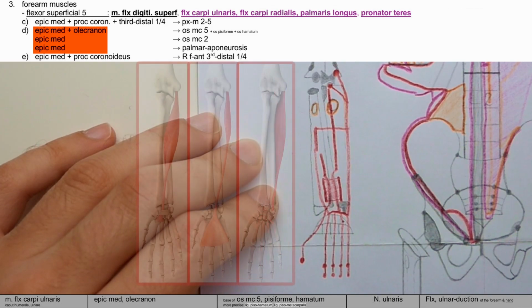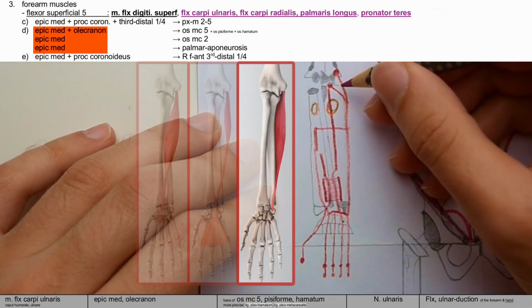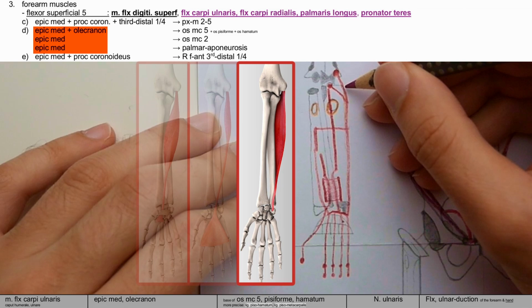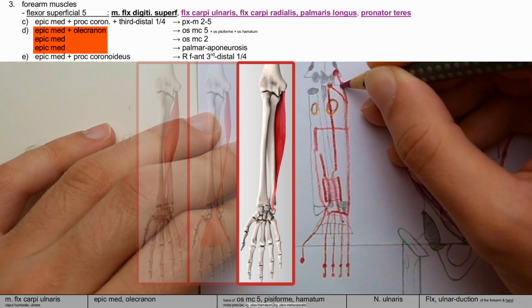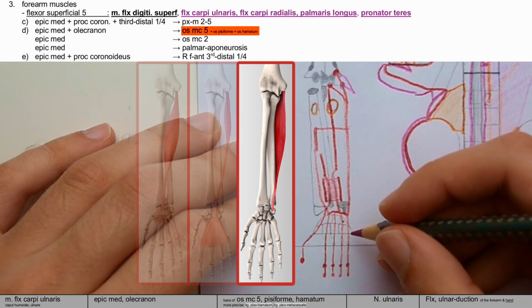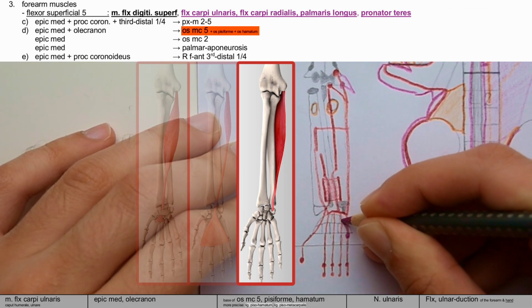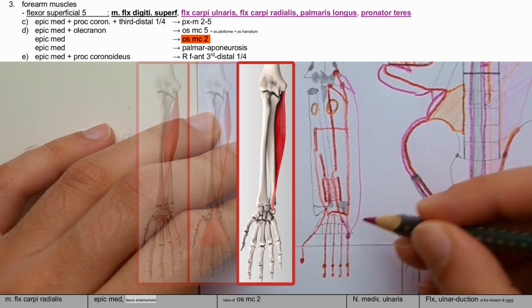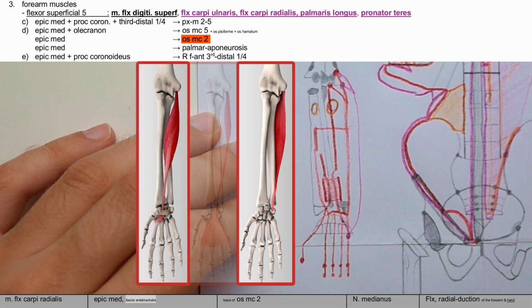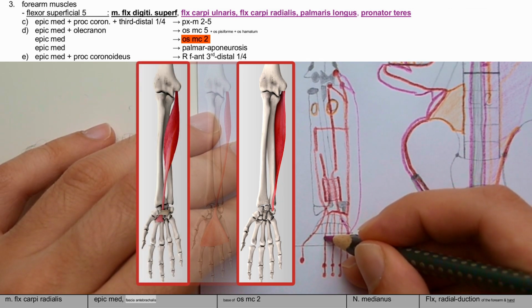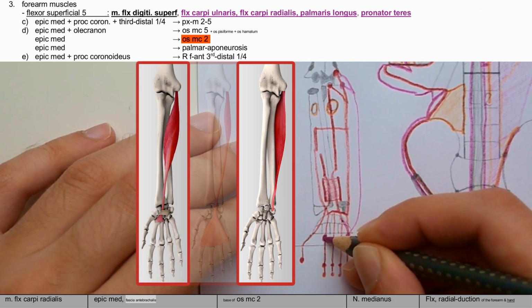Now to the fourth step with the carpal muscles. We start on the ulnar side. Here we have the additional origin on the olecranon and the insertions on the fifth metacarpal bone and two carpal bones. On the radial side, the insertion is only on the second metacarpal bone.